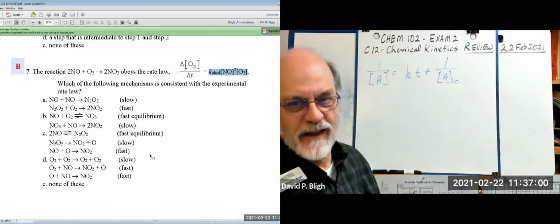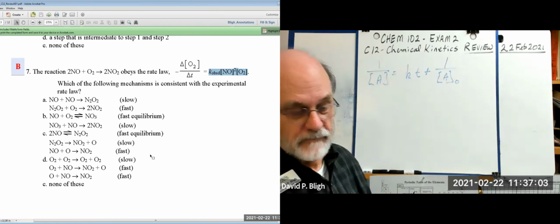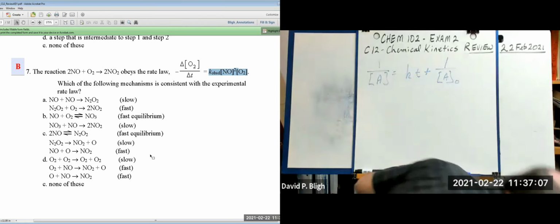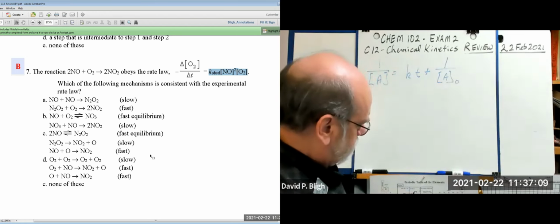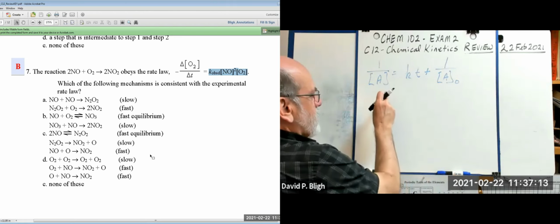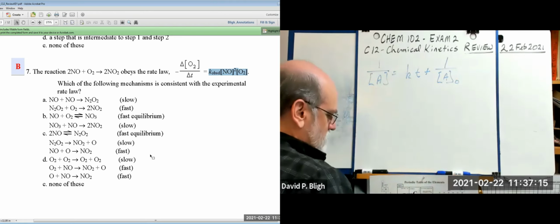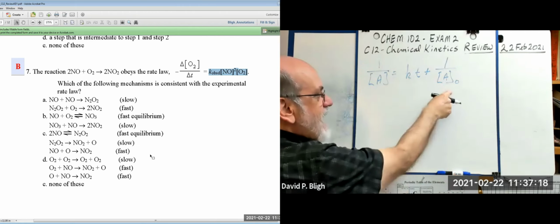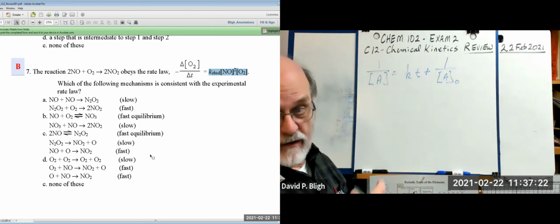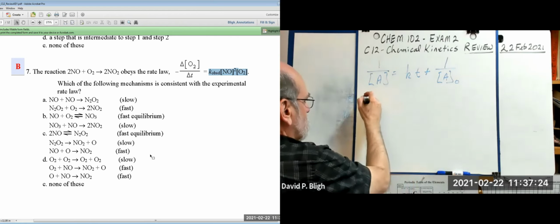So what does the half-life mean? The half-life means that this concentration is equal to half of that one, right? After a certain amount of time, right?